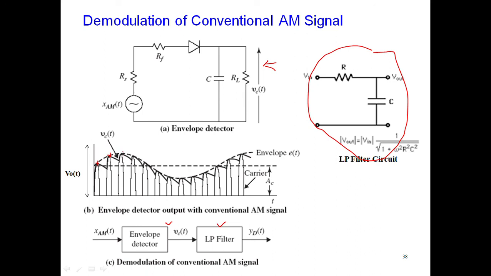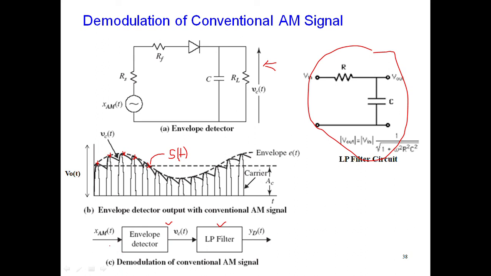So we detect the value of the envelope, and what we get here is equivalent to the information s(t). That is how the conventional AM is demodulated.